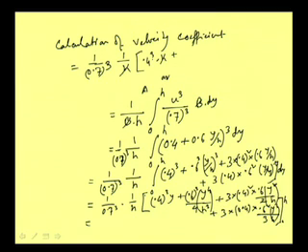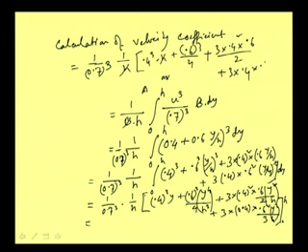This h can be cancelled with this h, then just the numerical value we need to put: 0.6 cube by 4 here plus, say, 3 into 0.4 square into 0.6 by 2 plus this, say, 3 into 0.4 into 0.6 square by 3.